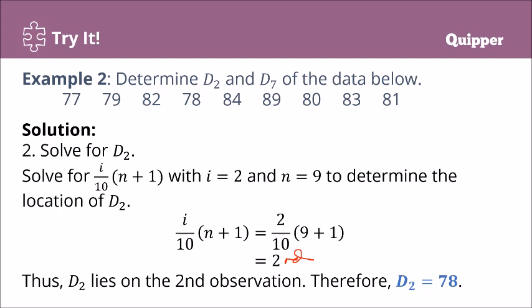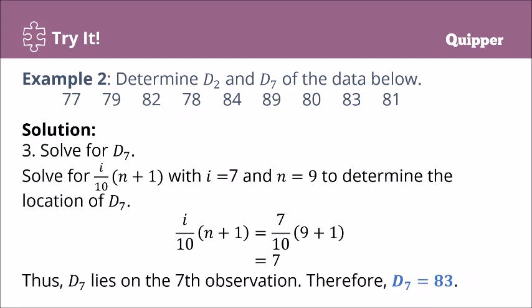Which one is the second? In our arrangement earlier, 77 was the first one, then 78, then 79, up to the highest. So the second observation was 78. This is the second decile.